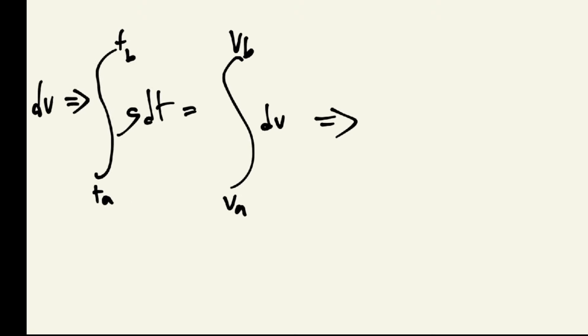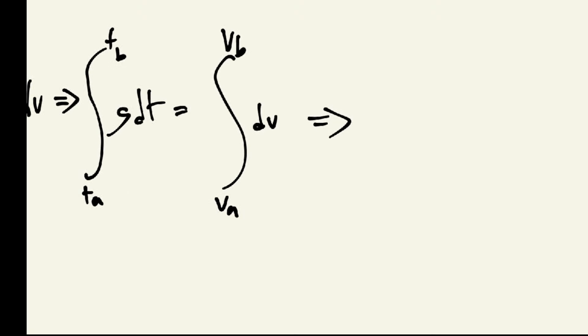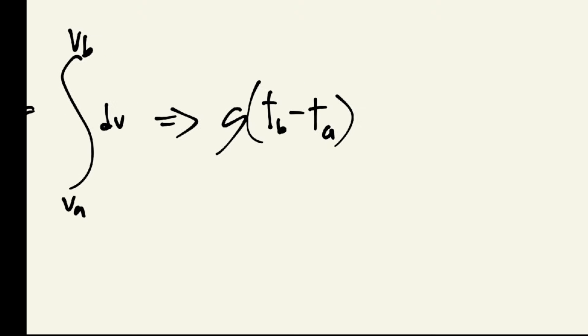So the g could go on the outside, it's a constant, and the integral of dt from time ta to time tb is just going to be g times tb minus ta, right? Because we're doing definite integration. And this equals vb minus va, right? Because of the integration.